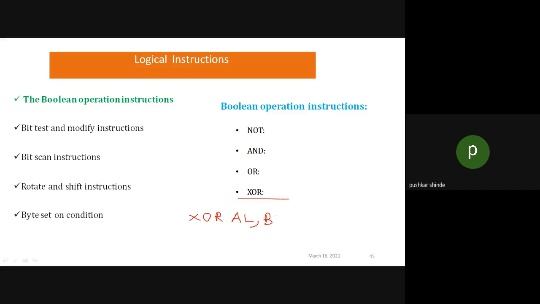So when I say XOR AL comma BL, the result of this will be that AL will store the value of AL XOR BL. So AL XOR BL will be stored into register AL, because AL is the first operand. So the first operand will be the destination operand, the second operand will be the source operand. Okay.